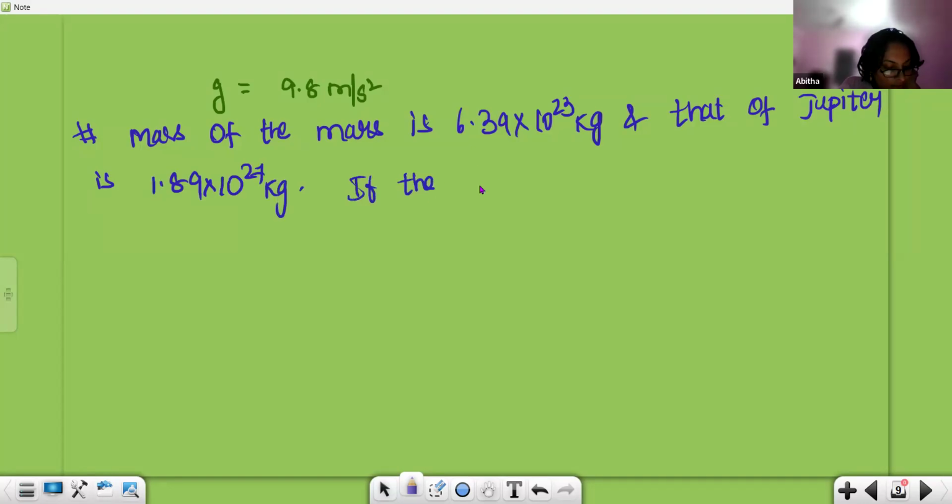If the distance is 7.49 into 10 power 5 meter, calculate force.